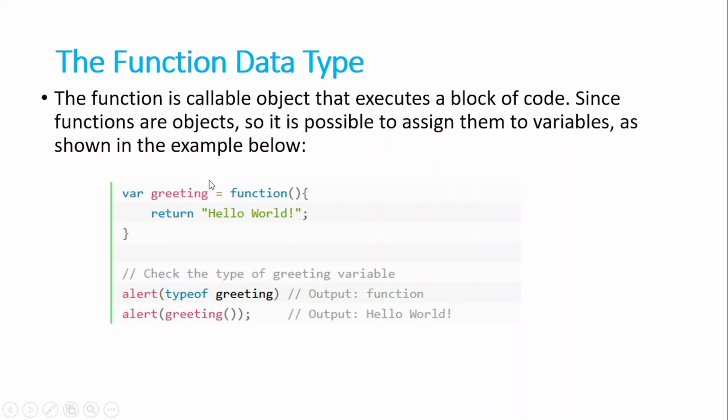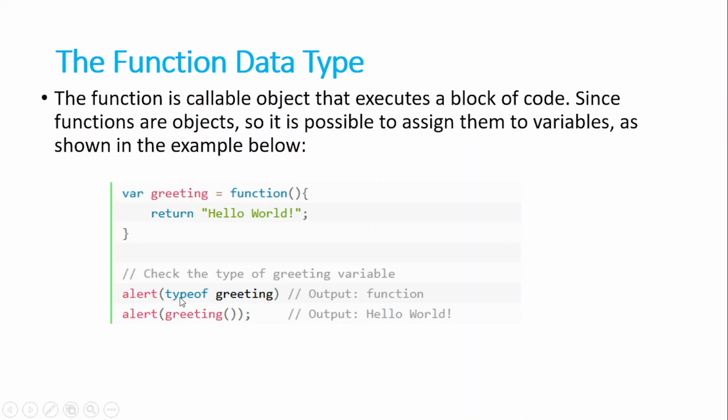You can see it is storing this function, and then there are parentheses and then curly brackets. Then we can write any block of code here. We can write console logs, we can write anything here. Then we assign this to this variable, and now this variable has the function as a data type. We can check the type of any variable by using the typeof operator, which tells which type of data the variable is storing.